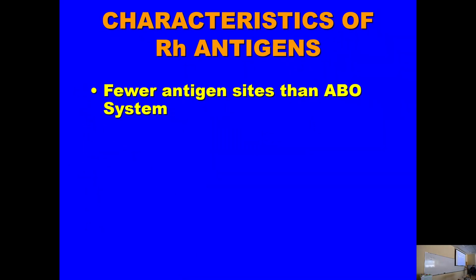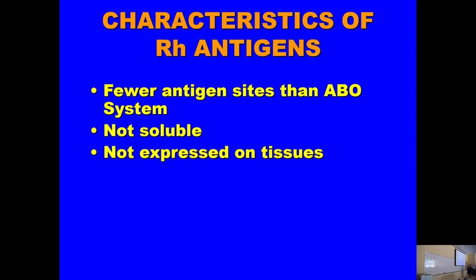So some characteristics of Rh antigens. There are fewer antigen sites than ABO. Remember, on a red cell, ABO, there's over 1 million. There's fewer of these Rh antigens than ABO. They're not soluble. We are not going to find them in saliva and serous fluids. They are not expressed on tissues.